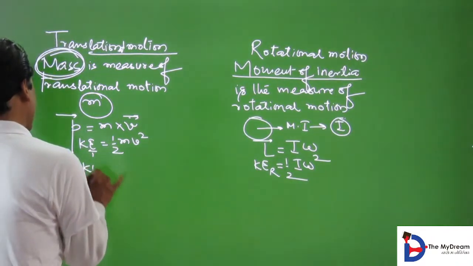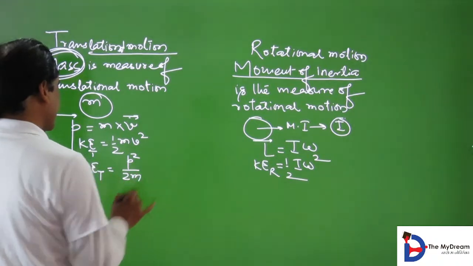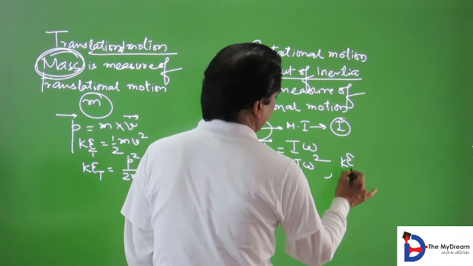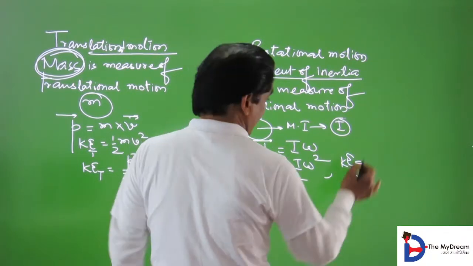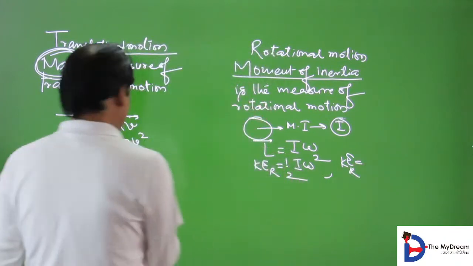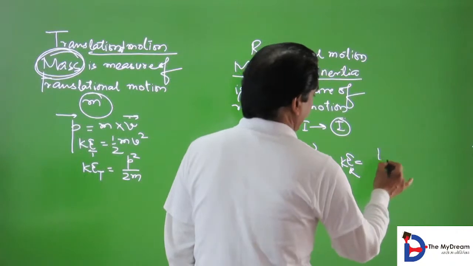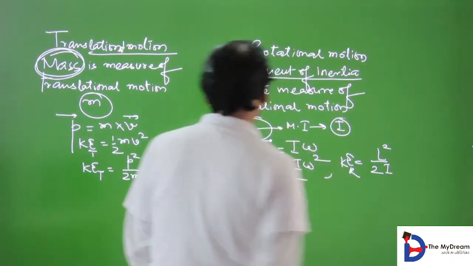Kinetic energy in terms of momentum is given by P square by 2m. Kinetic energy in terms of angular momentum: in place of P you can write L, and in place of mass you can write I.